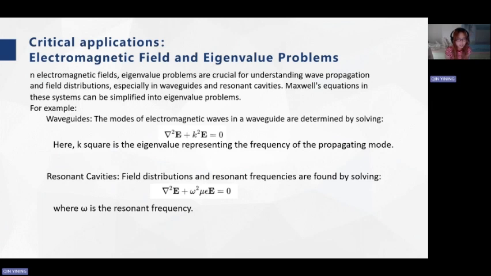For example, waveguides. The modes of electromagnetic waves in waveguides are determined by solving the equation as follows. Here k squared is the eigenvalue representing the frequency of the propagating mode. Resonant cavities. Field distributions and resonant frequencies are found by solving these problems as follows, where omega is resonant frequency.